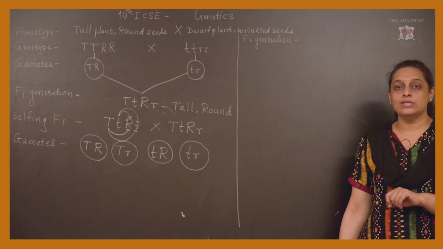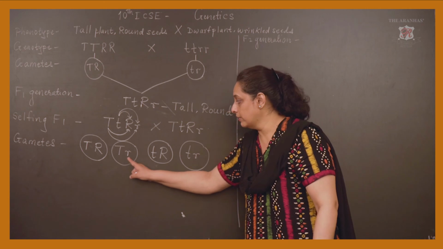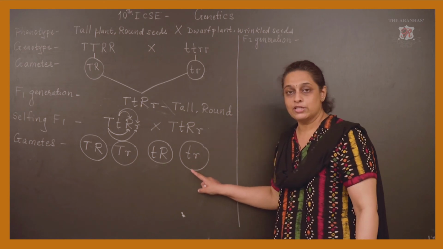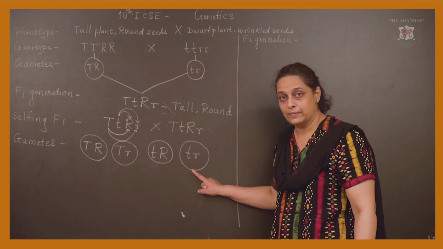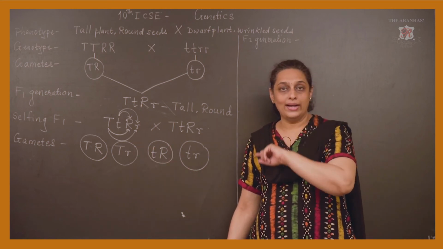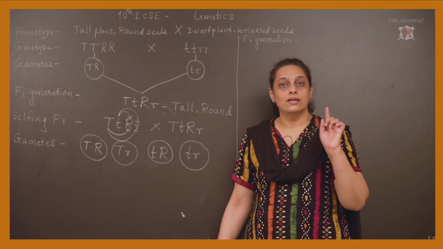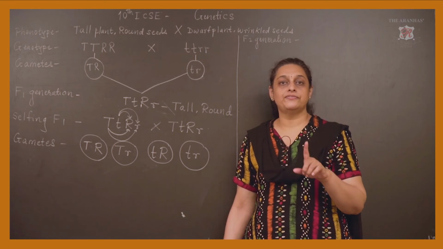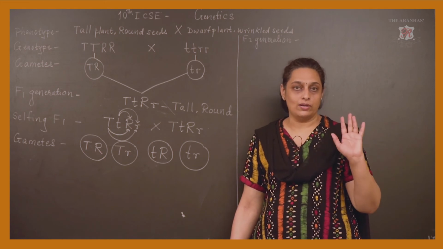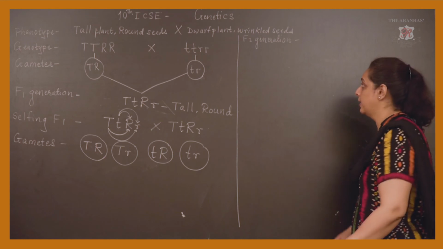Now how many rows and columns? The gametes produced by one parent are 4. To this number 4 you add 1, so 4 plus 1, 5. Draw a table of 5 rows and 5 columns. Do it quickly in your books. I am also doing it on the board.